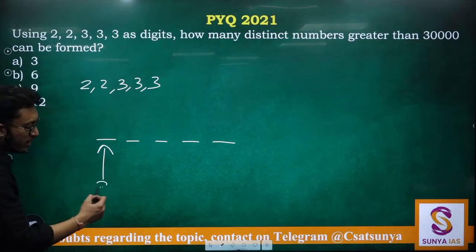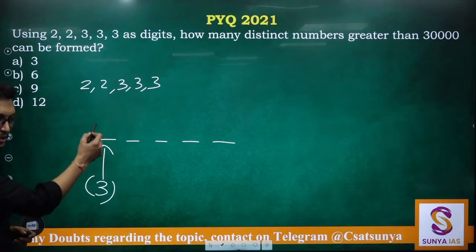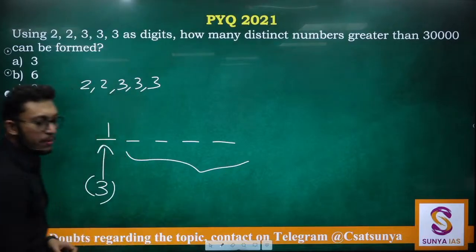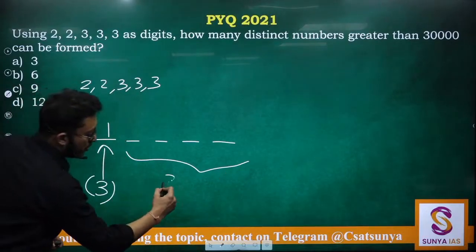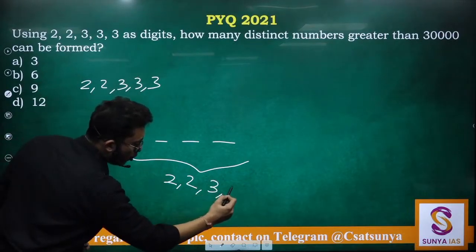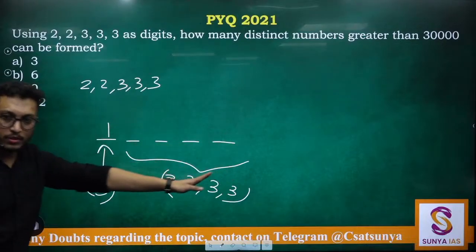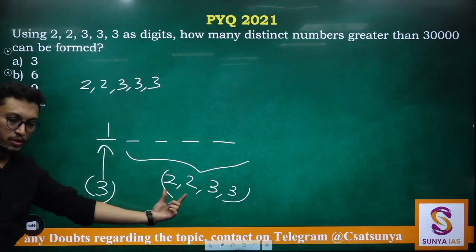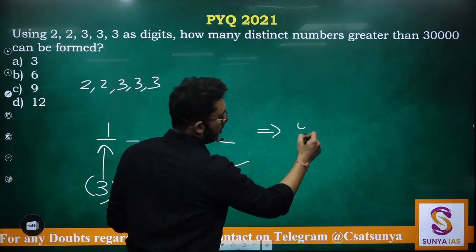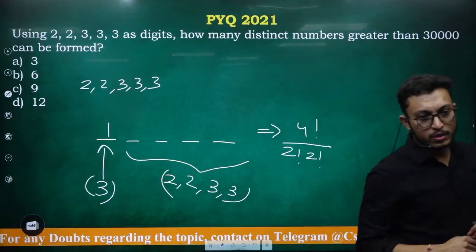So I have to fill a 3 here. ठीक है? So this is filled with a 3, one option. Next I am left with 2 times 2's and 2 3's. So there are 4 places to be filled with 2's and 3's. So in total 4 factorial by 2 factorial, 2 factorial. Is this clear?